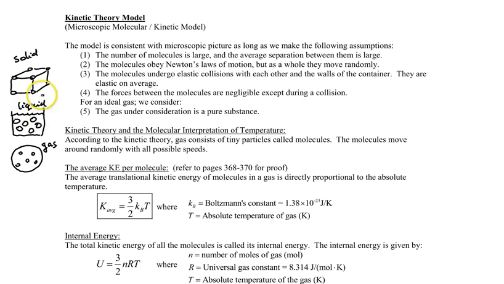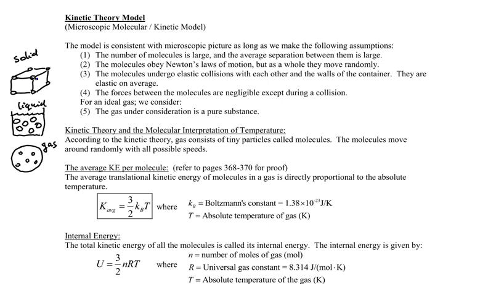For example, in solids, the molecules vibrate in more or less fixed centers. They're usually arranged in a crystal lattice formation, and you can see that these atoms are moving back and forth. So it's really a vibrational kinetic energy that we discuss in that case.